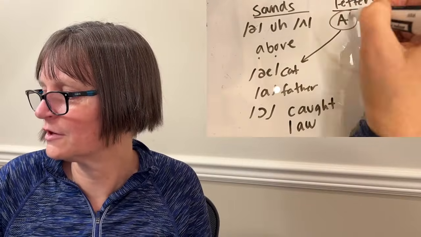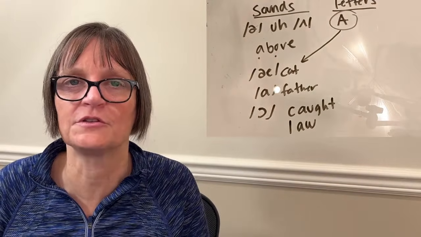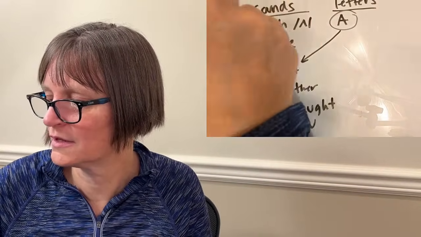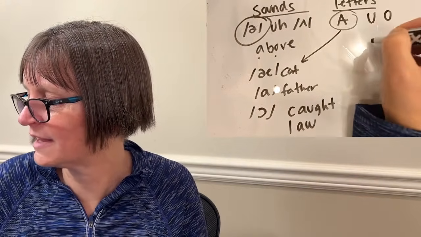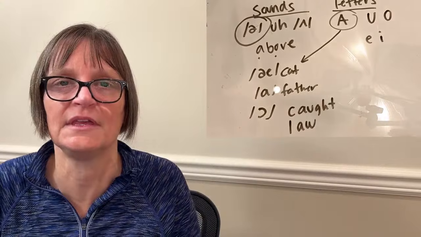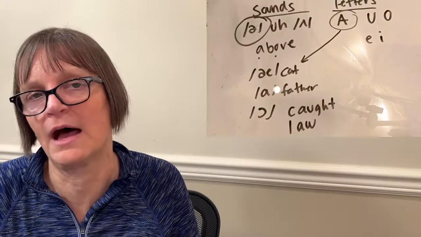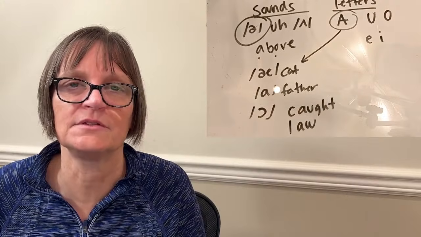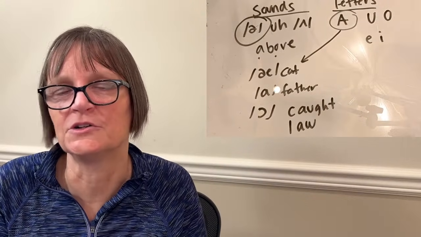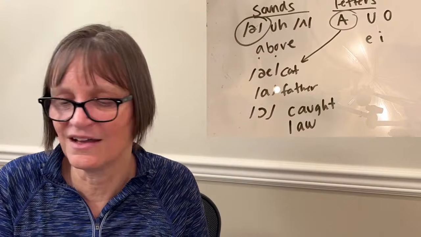So the letter can make lots of different sounds. So the vowel schwa is usually spelled with A, U, or O, but it can also sometimes be spelled with E or letter I.